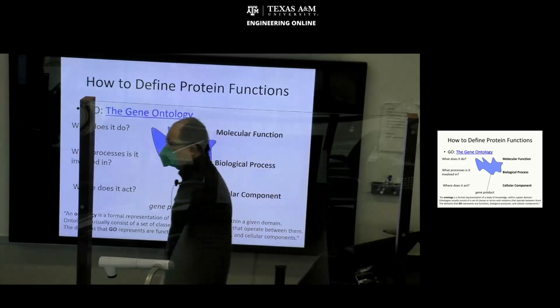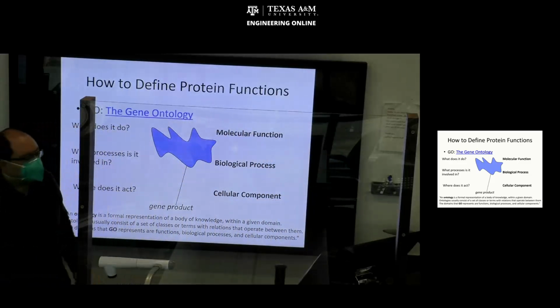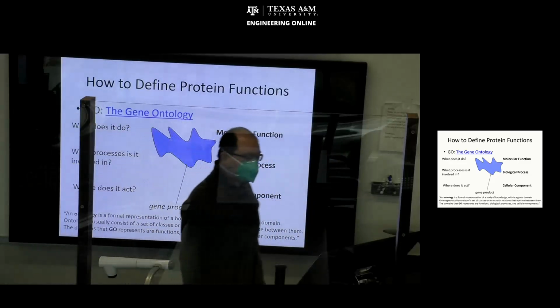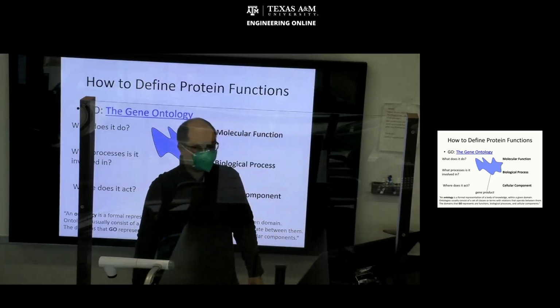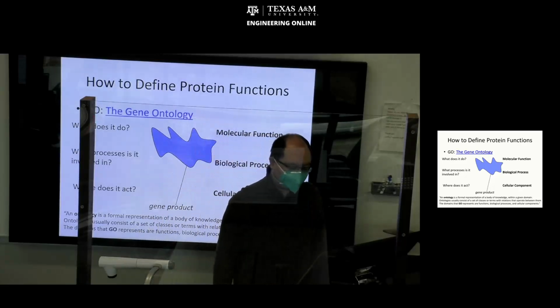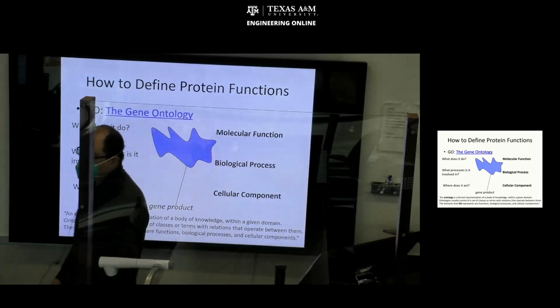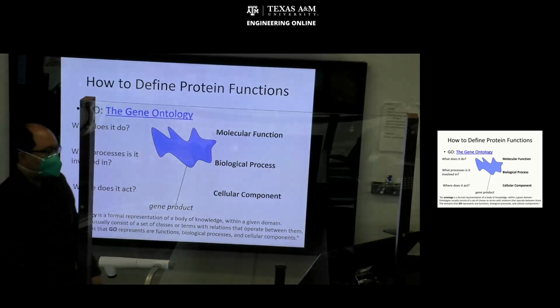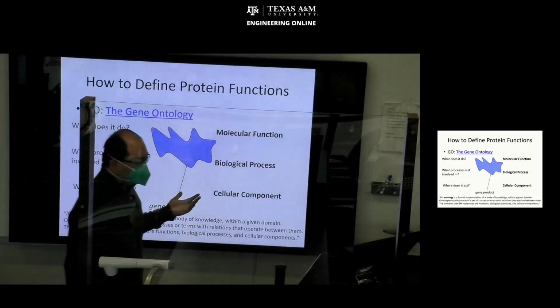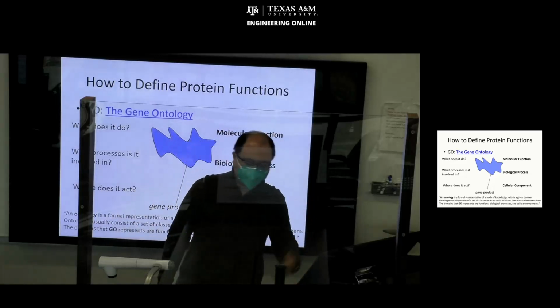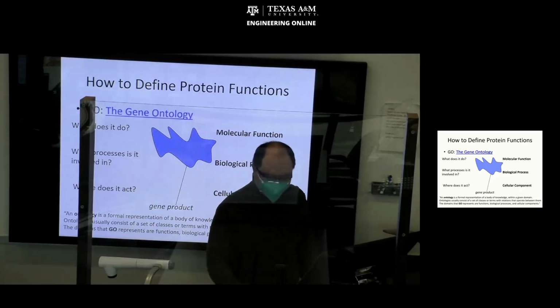Gene ontology, GO terms. There are three ontologies: molecular function, biological process, and cellular component. So it's about what these individuals do, what they are part of, and where that happens. So these are the ontologies.